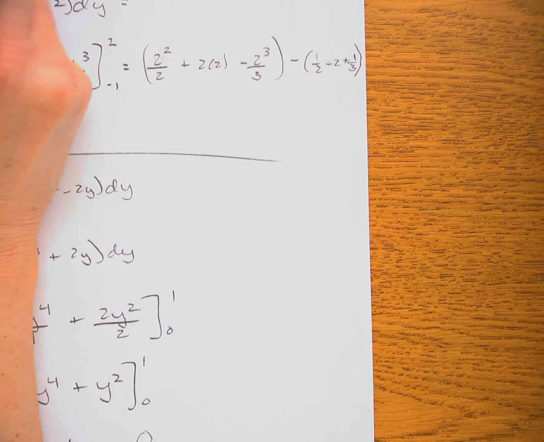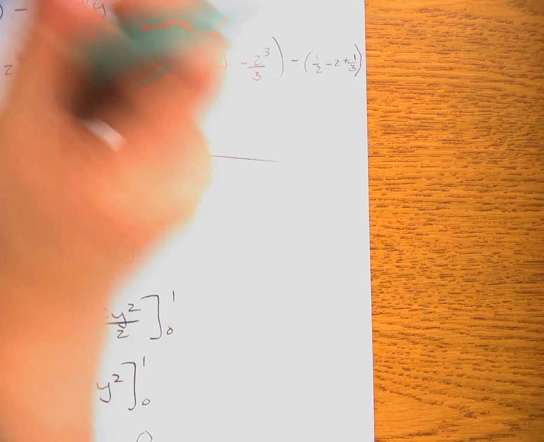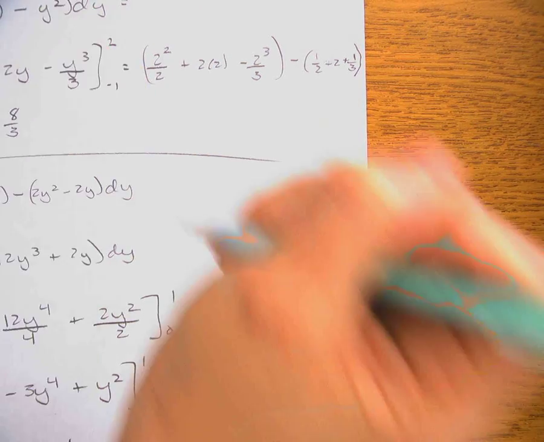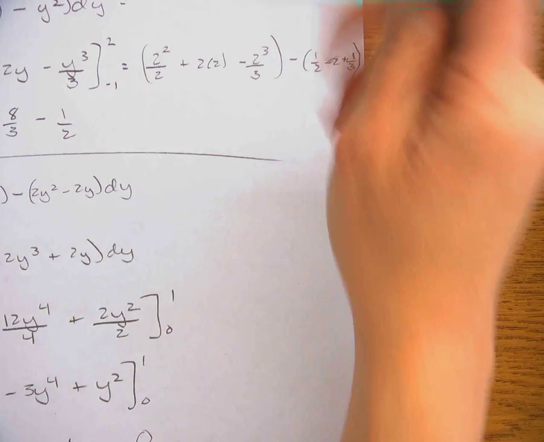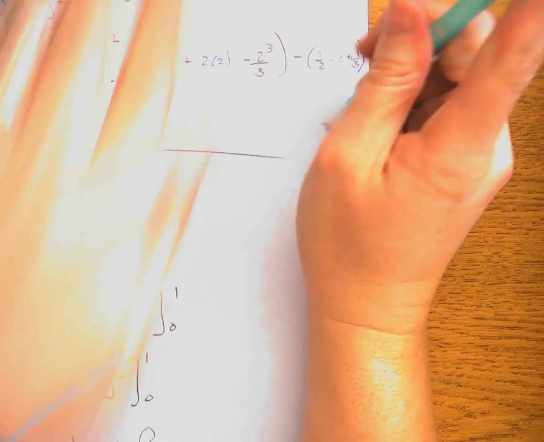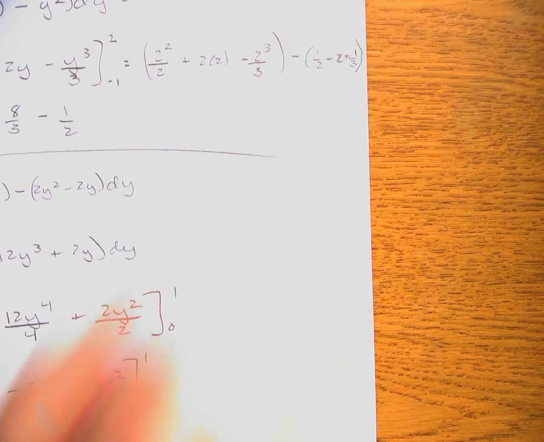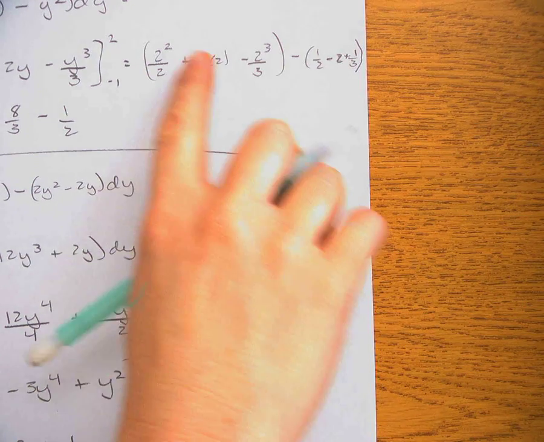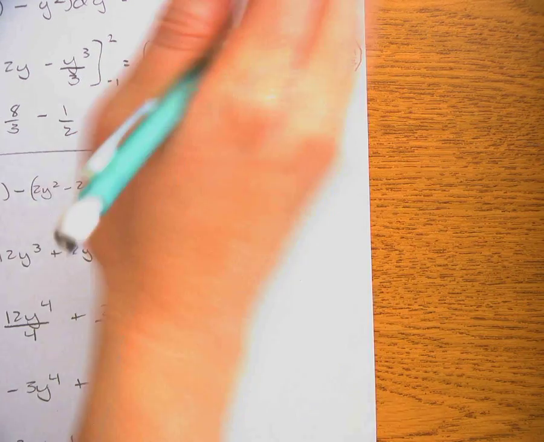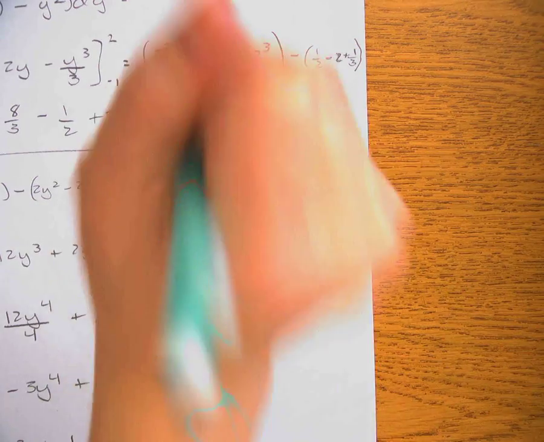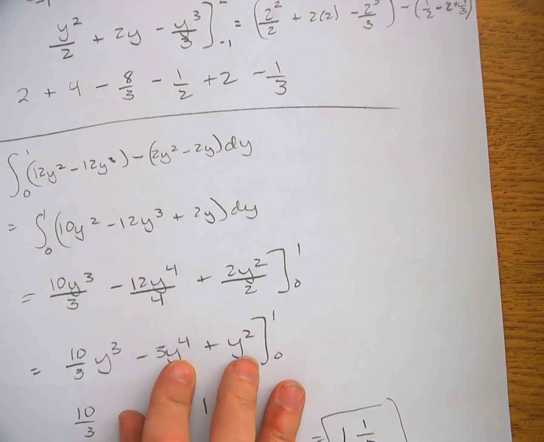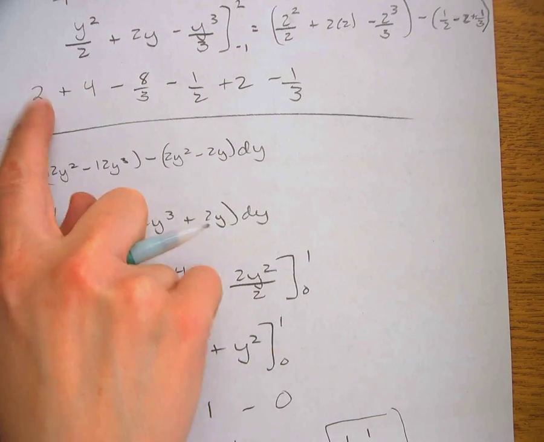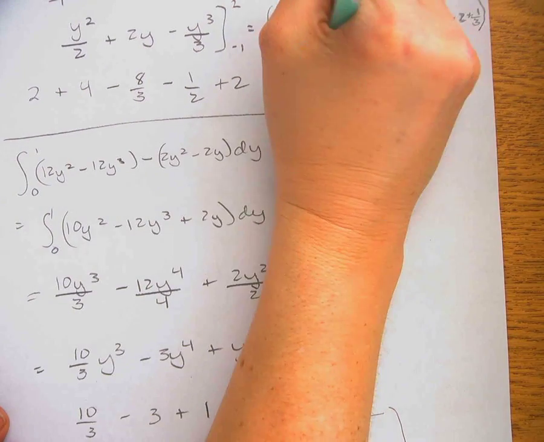Okay, so then that equals 2 plus 4 minus 8/3 minus 1/2. Oh, minus 1/2. I think that was a minus 2 before. Yeah, but then it becomes plus 2 and then minus 1/3. So I like to combine my like terms. So I'm going to have 2 plus 4 plus 2 is going to make 8.